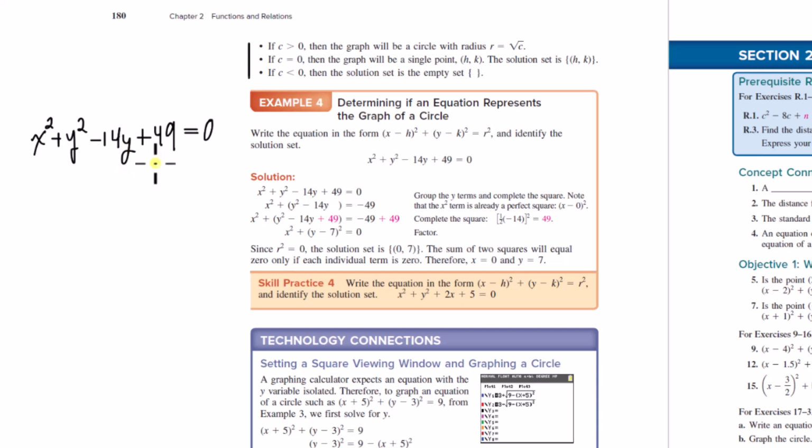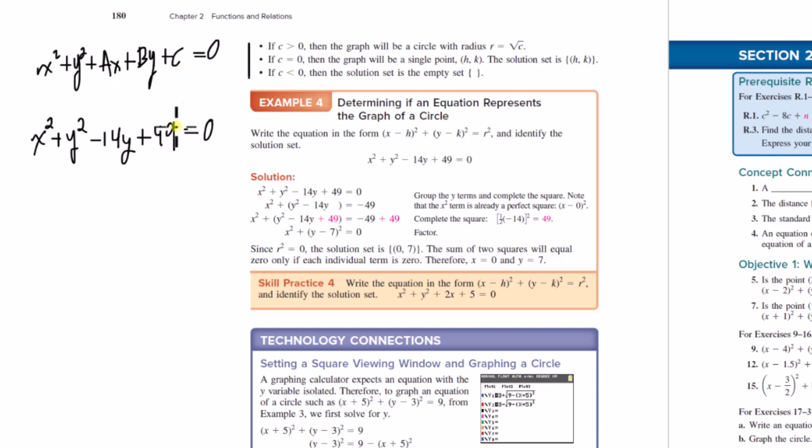So yes, this is the general form. The general form is x squared plus y squared plus ax plus by plus c is equal to 0. Well, a, b, and c could be any real number. They could be 0. In this case, a is equal to 0.